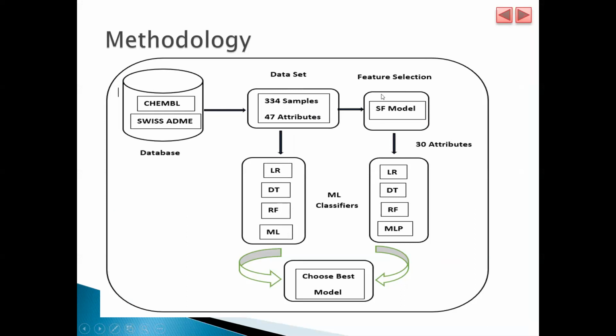After applying the feature selection, SelectFromModel, we rank the features using an estimator and find the important features. With 30 attributes, we again apply the machine learning models. Now we see the difference, whether there is any improvement in the accuracy result, and we find the best model among the four.